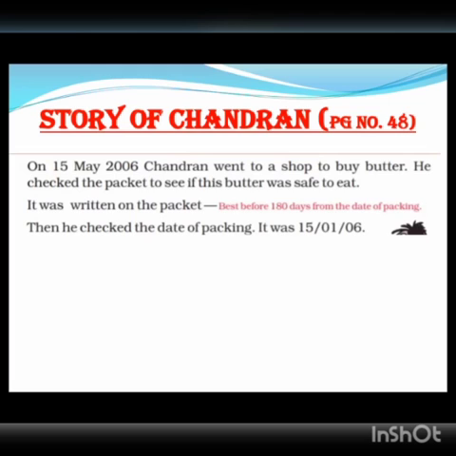That means someone can use this packet of butter till 180 days after the date of packing, and he checked the date of packing. It was 15/01/06. That means 15 January 2006.